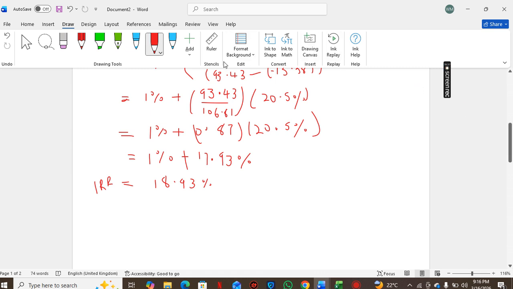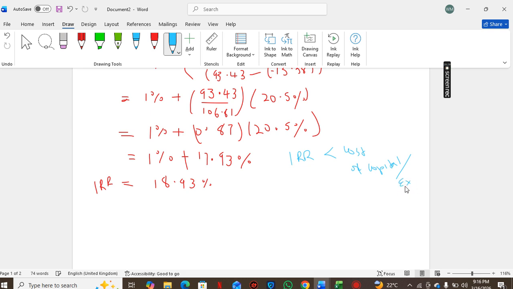So if the IRR is less than your cost of capital or your expected return, reject. DODA wants 21.5% as a minimum return. The return this project is generating is 18.93.